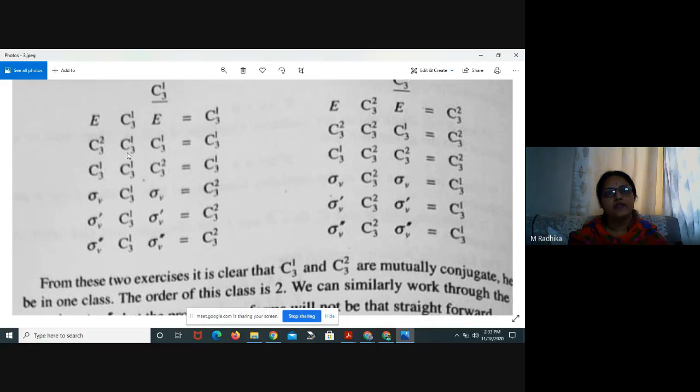So C31, C32, C31, C31. C31 inverse is C32. Remember that. How is it possible? I'll tell you. You should understand why I'm writing C32 here and C31 here. I am doing it for C31, so that will be in the center. If this is X, the inverse of X will be here, right?